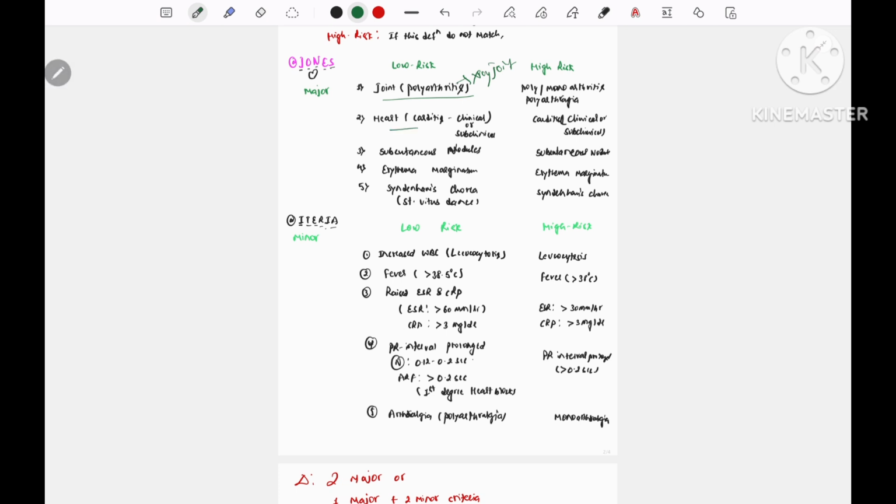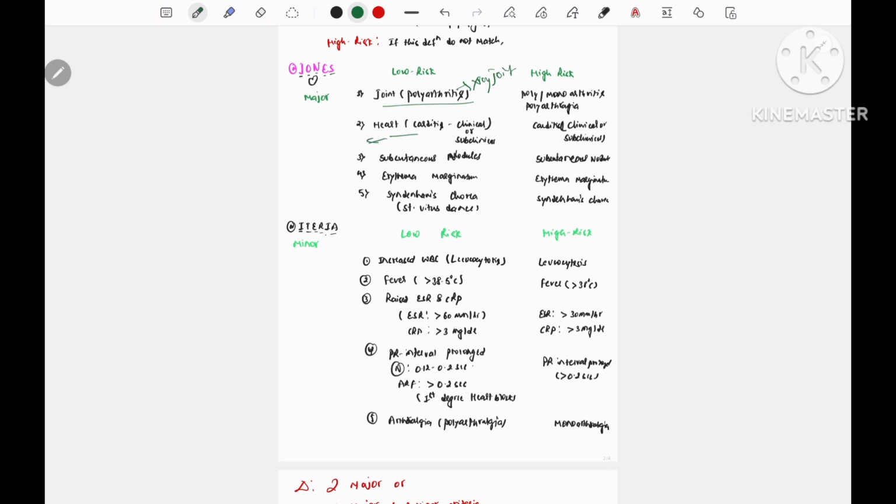And for the heart, it is carditis. So one is the PR interval. For this we have to check the ECG, and for carditis and the involvement of the valves, we have to send for echocardiography. So these are the investigations for the heart.